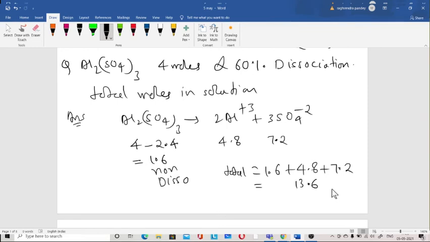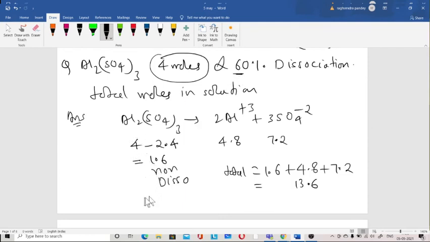Sir, after we find 60% of the total moles, according to that we find the moles of aluminum and sulfate, right? So we don't take it as 4 moles giving 8 moles of aluminium and 12 moles of sulfate? No. Out of 4, only 60% are dissociating.